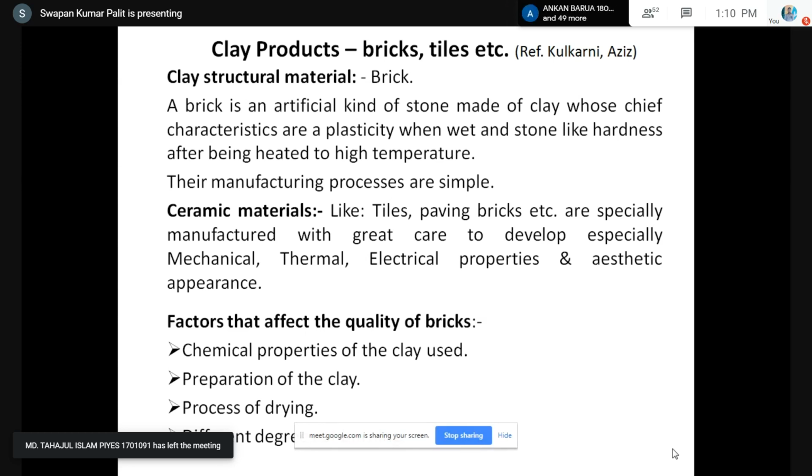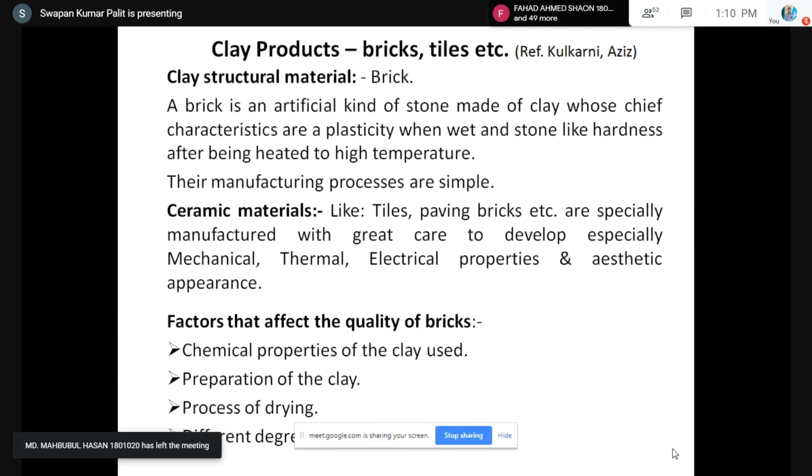So I will follow the book, Aziz book. Earlier I have told in the class also, the main book will be Aziz book, engineering materials. So in that book, you can see what is brick.